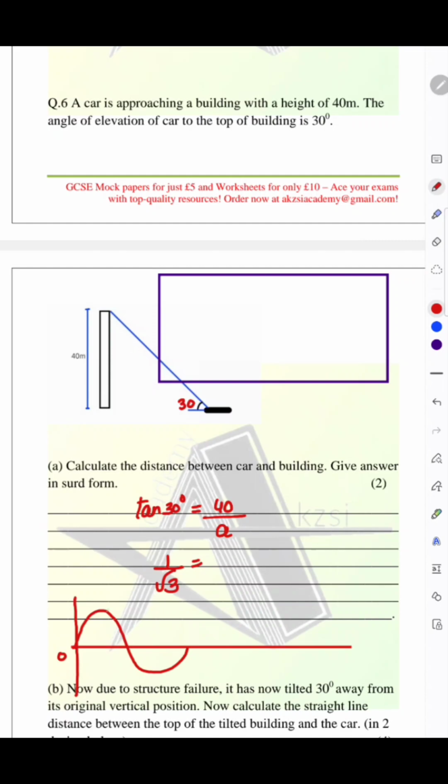Starting from 0, reaches maximum at 90 degrees, which is 1. So the maximum value of sine 90 is 1. So let me write this is 90 and this is 1. Then it comes back to 0 at 180.